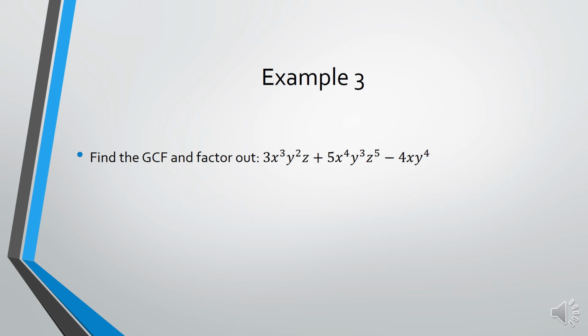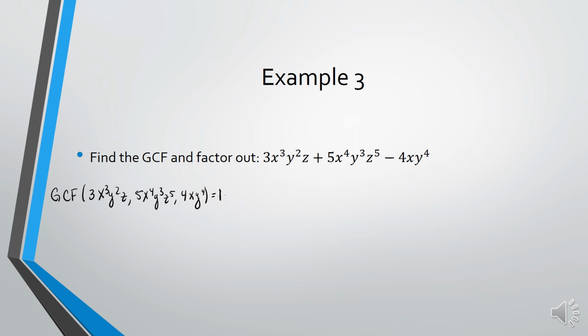Now let's do this one. So I want to figure out what's the greatest common factor of 3x cubed y squared z, 5x to the 4th y cubed z to the 5th, and 4xy to the 4th. The greatest common factor of 3, 5, and 4, well, they actually don't have any factors in common except for 1.